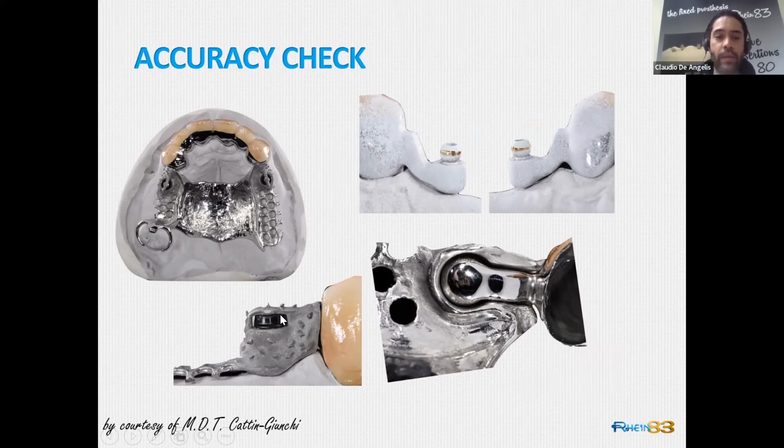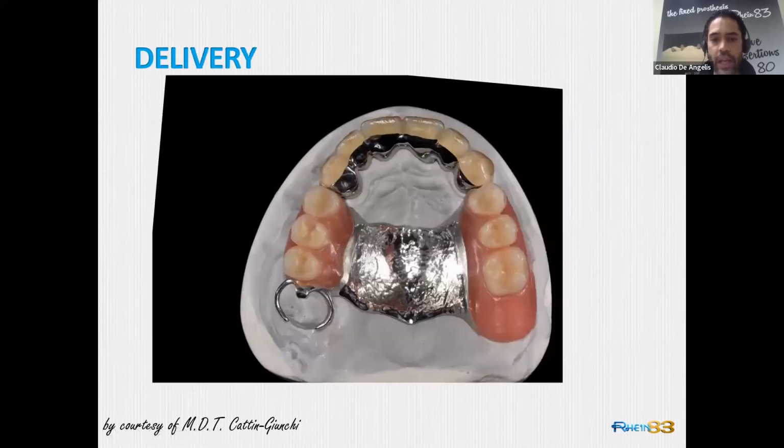You have the black cap fully inserted into its housing. And after that, you just complete the saddle with the orthopedic pink part and the teeth setup, as you already checked it before in the mouth. So basically, you finish your work.